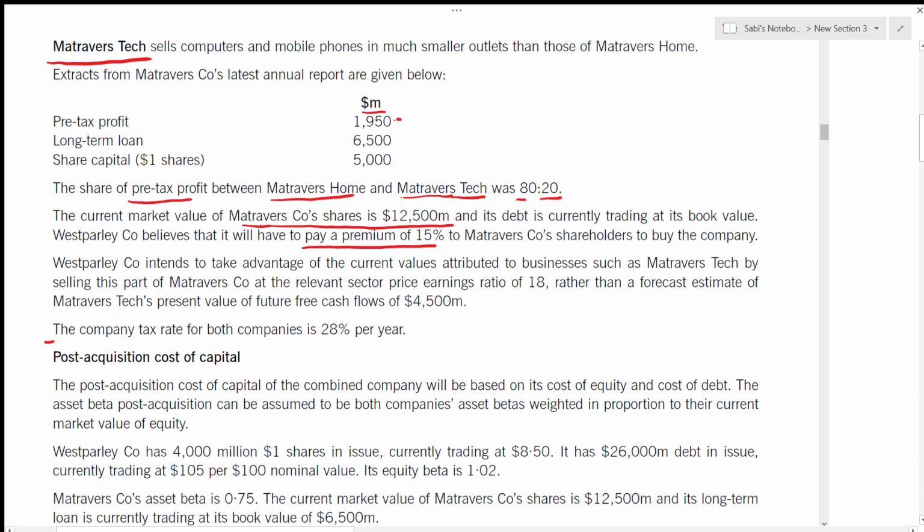Now let's go ahead. Westpay intends to take advantage of the current values attributed to the business, such as the tech, by selling this part of the Matravers company at the relevant sector price earnings ratio of 18. So the sector PE ratio is 18. You're selling at this PE ratio rather than a focused estimate of the tech's present value of the future free cash flow. So they have already given you the present value of the future free cash flow.